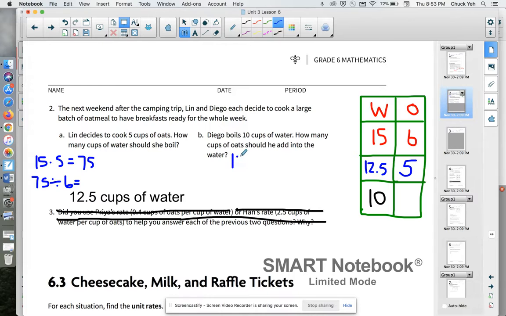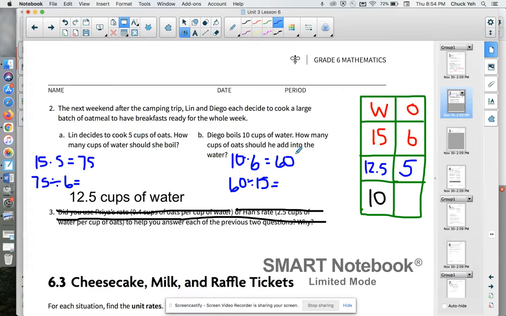So 10 times 6 is 60. And then 60 divided by 15. Sorry, that's a bad division sign. 60 divided by 15?